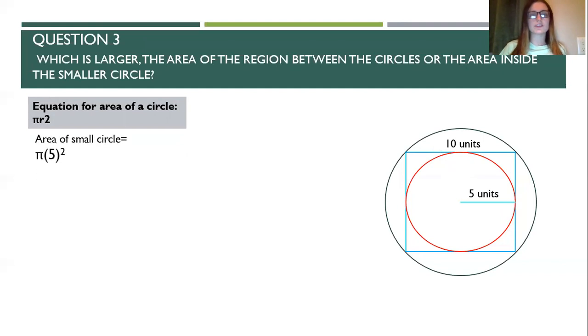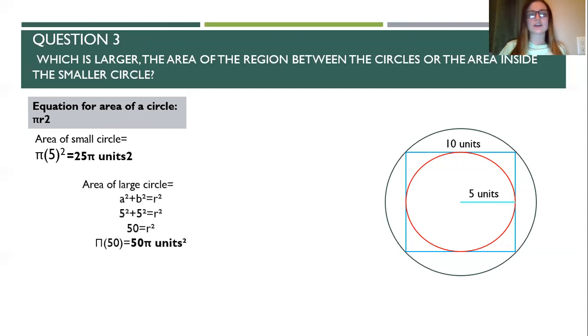So we plug in our numbers to find the area of the small circle, pi times 5 squared, which is equal to 25 pi units squared. Now to find the area of the larger circle, we do a squared plus b squared equals r squared. And we do 5 squared plus 5 squared equals r squared.